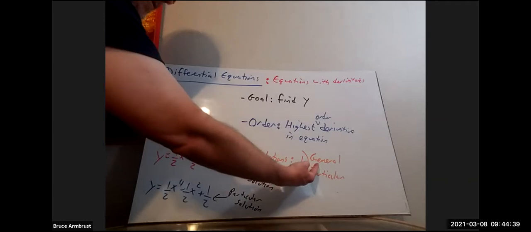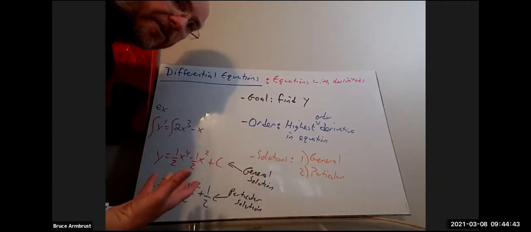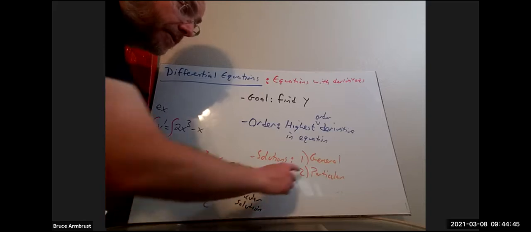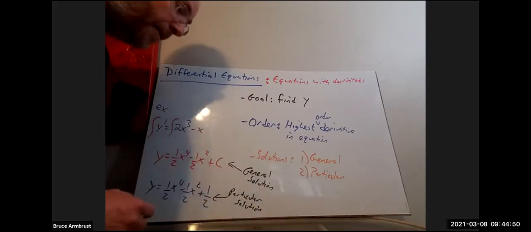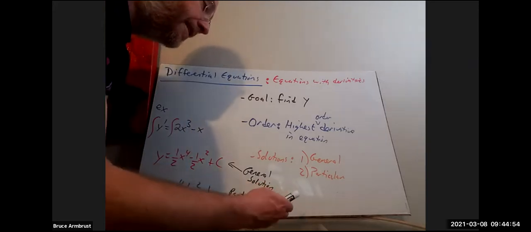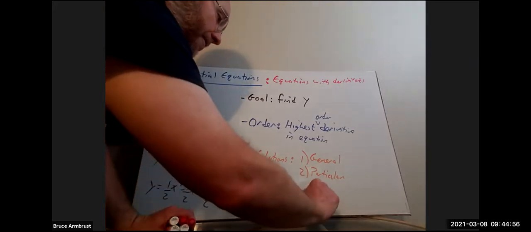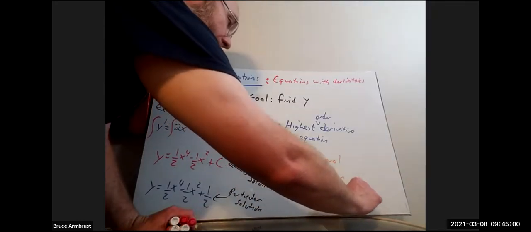You're always going to be able to find general. When we talk about techniques of solving differential equations, we're going to talk about techniques for solving general differential equations. But then in order to find the particular solution, what we're going to need is an initial value. So let me just put that down here. So need initial value.